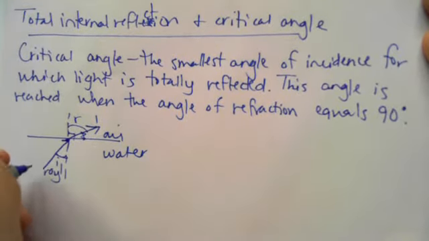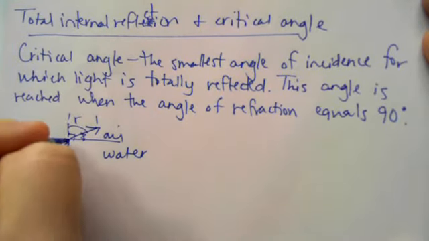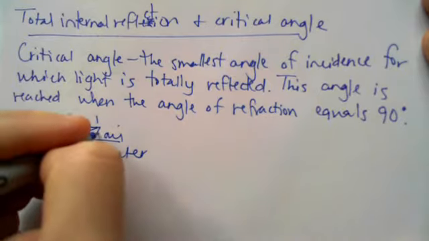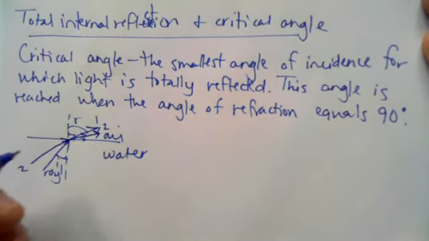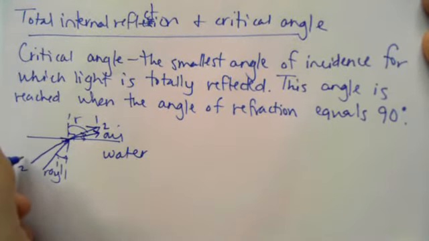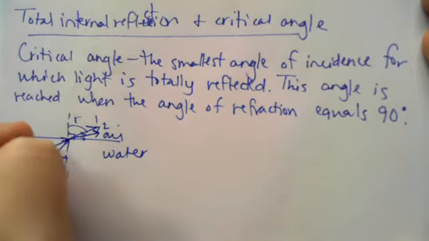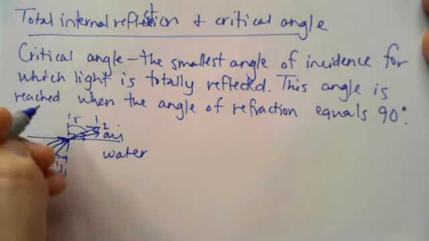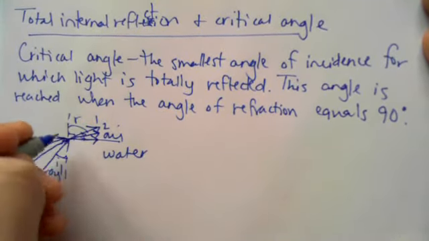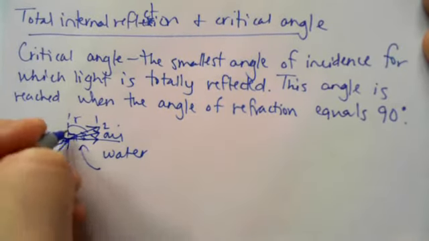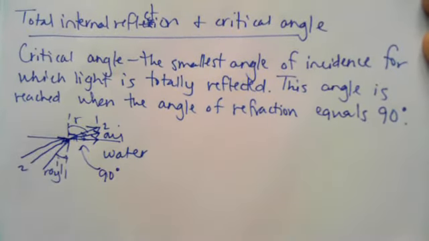Look what happens when we increase that angle of incidence. If we increase it to here, this would be the second ray. And then there's a point at which, when that incident ray comes in, it's going to be refracted such that the refracted angle is 90 degrees.